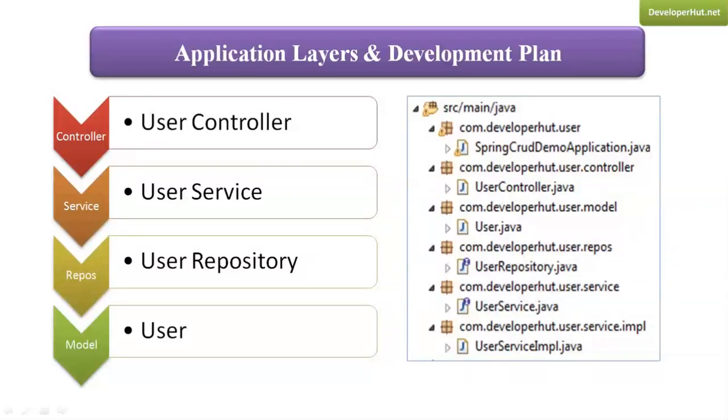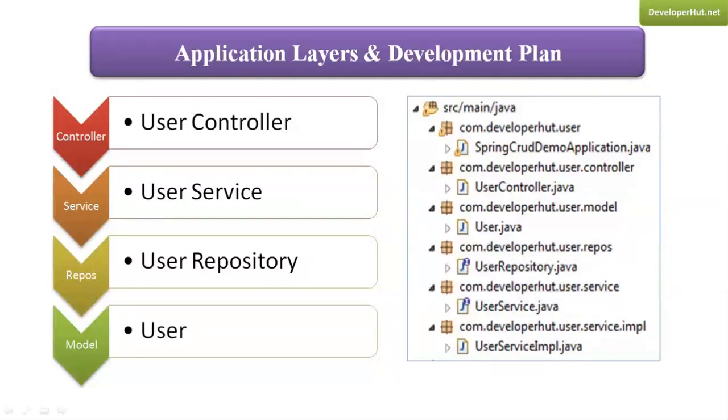The first layer is the controller layer. This layer defines the basic API that your application is exposing to the user. The controller basically controls how the user interacts with the application, and it defines the API.